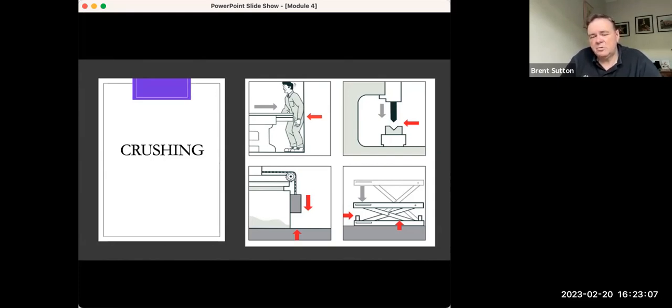So 600 millimeter access ways or walkways or clearways is the minimum requirement for human occupancy. So if you've got, in the case of the figure on the top left-hand side, you can see there that the machine extends out into that space, not providing for that 600 mil clearance that results in crushing.